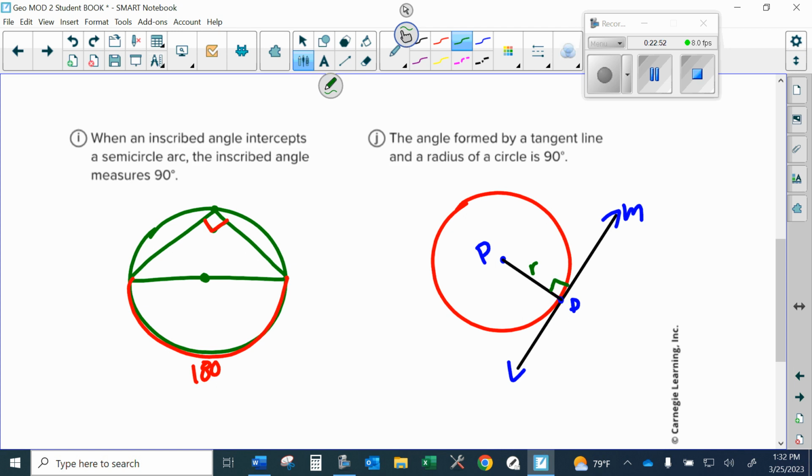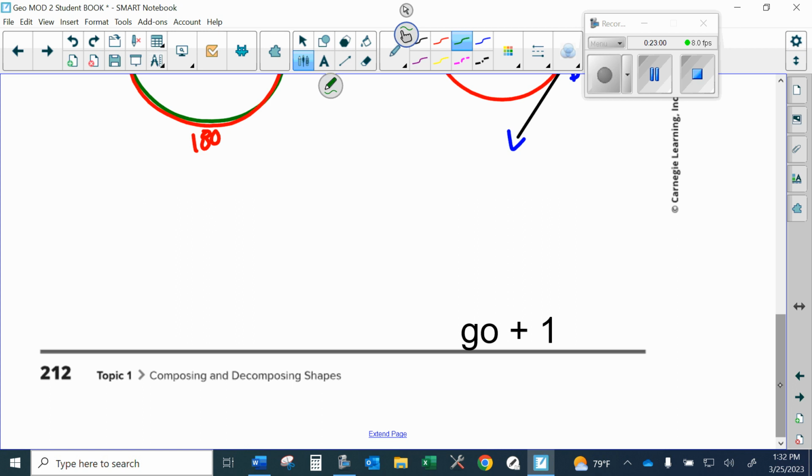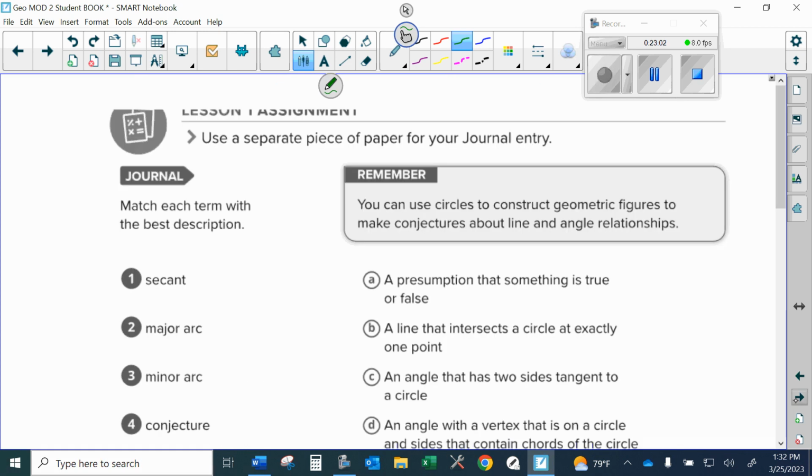Remember, all tangents are 90 degrees or perpendicular to the radius at the center of the circle. It's got to connect to the center of the circle, not somewhere else. It'll be 90 degrees. All right, go to the next page.